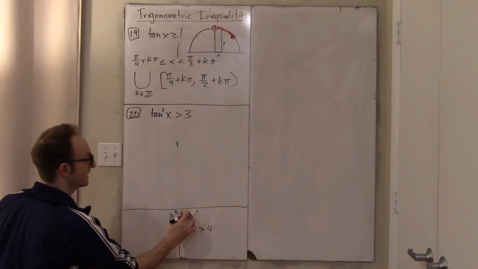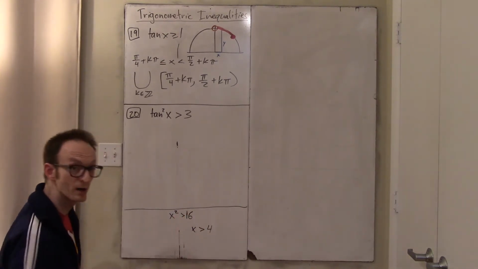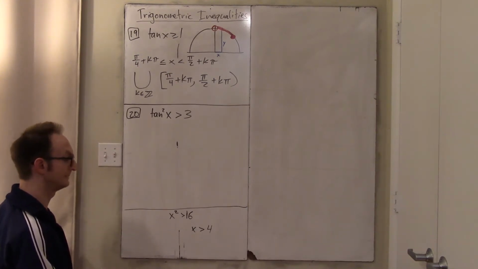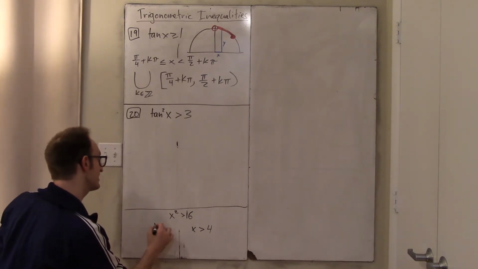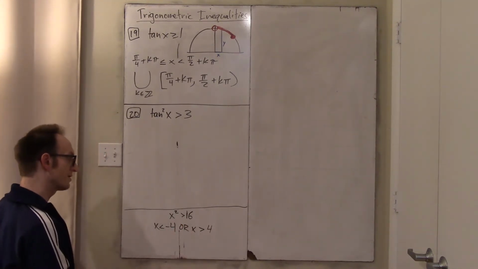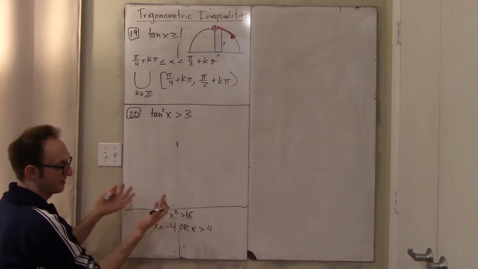And so can the square of a negative number be greater than 16? Sure, because say negative 5 when squared will also be greater than 16. So the answer here is going to be if x is less than negative 4, or if x is greater than 4. To me this is simple enough that you just think about it and there's your answer.